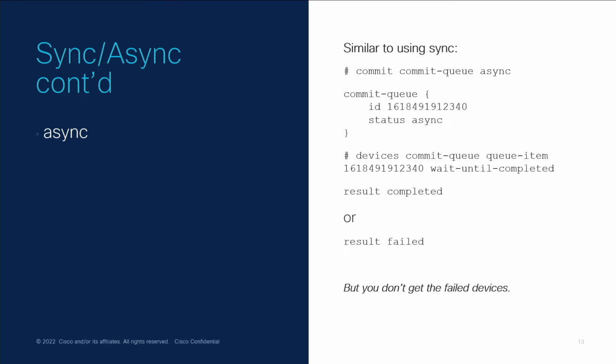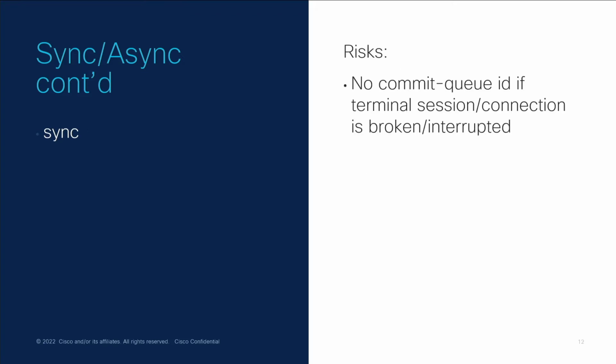wait until completed. And the reason why I actually recommend this is because if you do a commit and just wait for sync and for example the terminal session is broken, you will not see any commit queue ID.